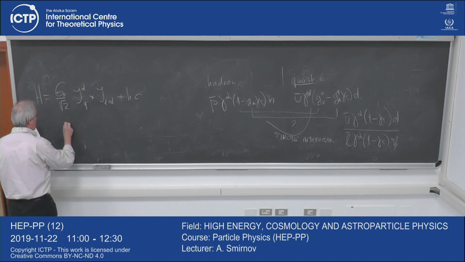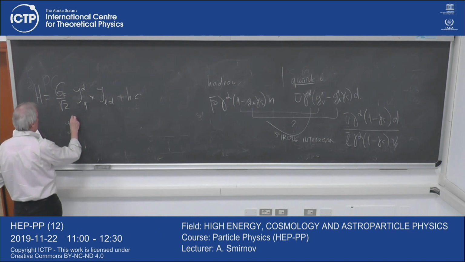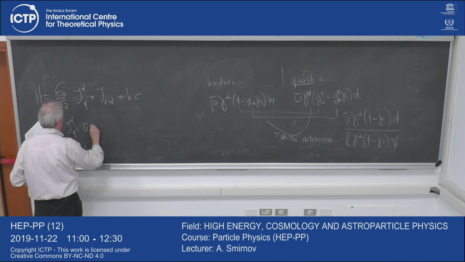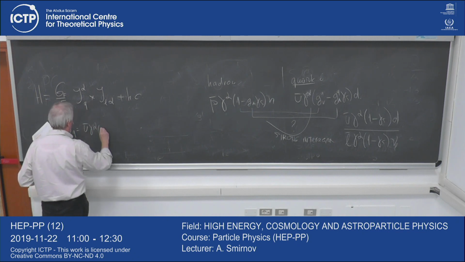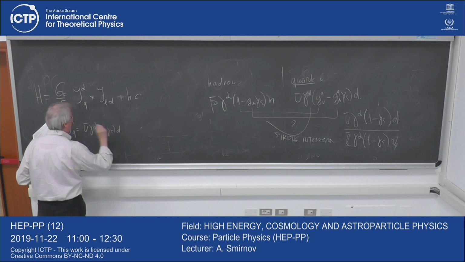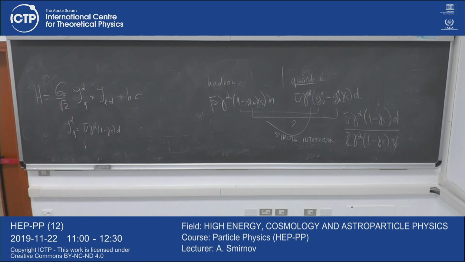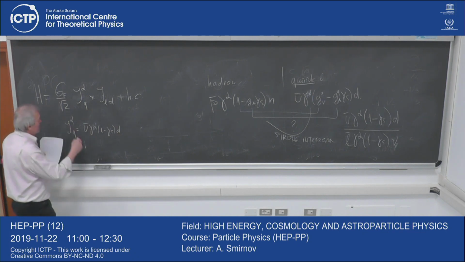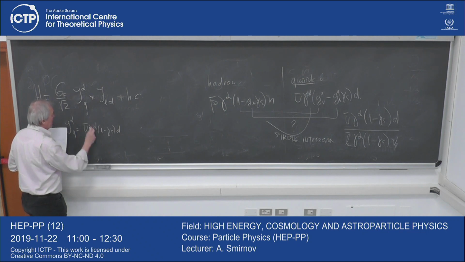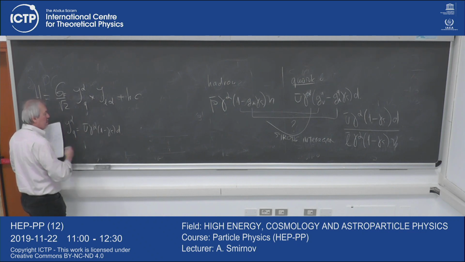For the quark current, I have this U gamma alpha 1 minus gamma 5 D. Probably I will finish with pi decay. So this is for beta decay. So this is the current. I can actually also write this D, indicating that I have a D quark in a given current.